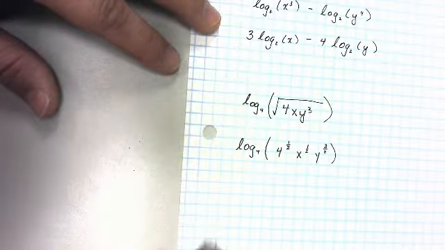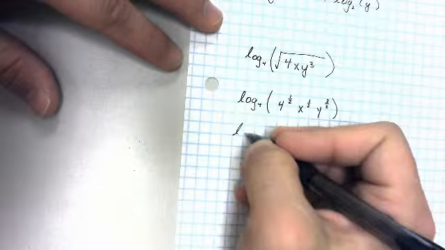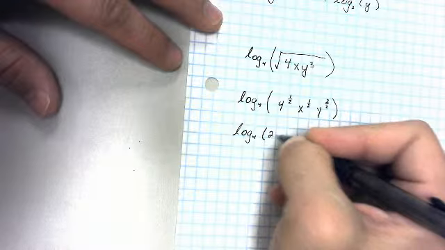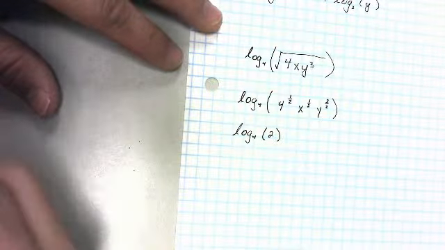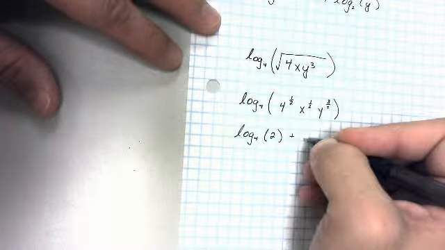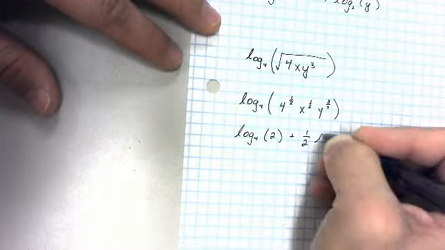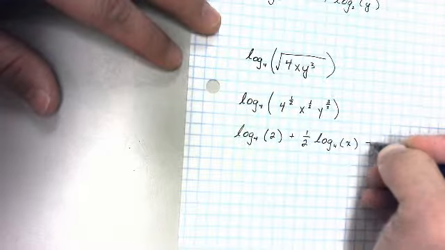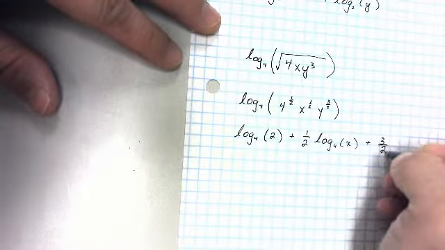So I could write that as log base 4 of 2, because 4 to the 1/2 power is 2, plus 1/2 log base 4 of x plus 3/2 log base 4 of y.